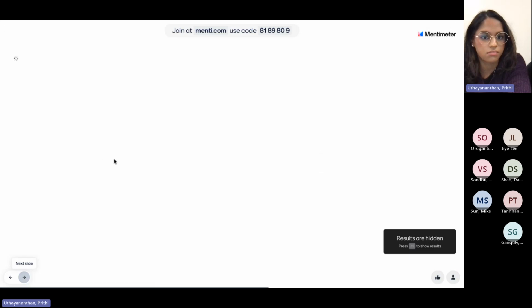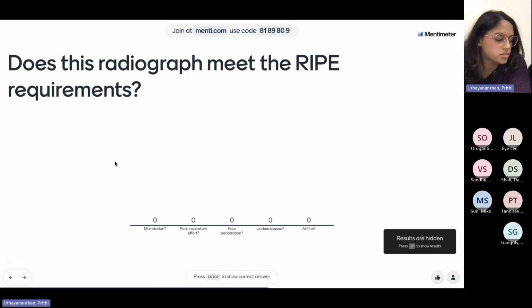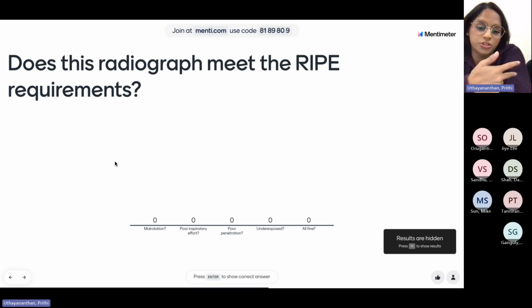Okay, so just to start off with, what do you think of this chest X-ray? Does it meet the right requirements that we talked about? That's rotation, inspiration, penetration, projection, exposure.